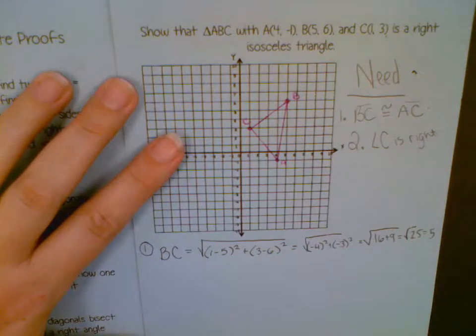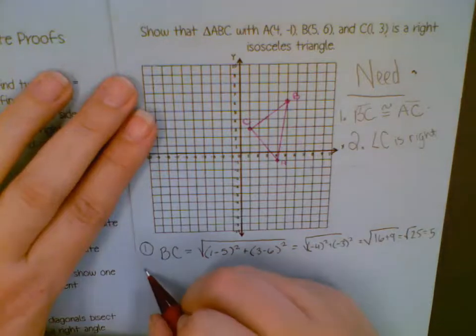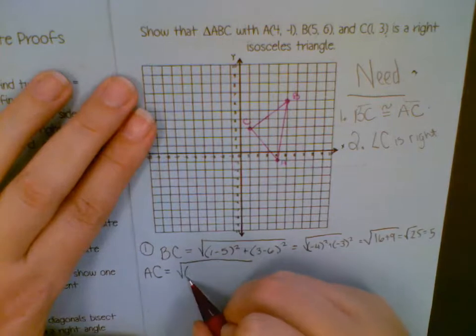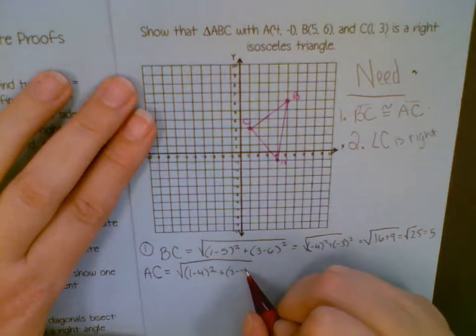So we would have to get the same for AC in order for it to be isosceles. So let's try AC. So subtract the x-coordinates for A and C. So it'd be 1 minus 4 squared plus 3 minus negative 1 squared.